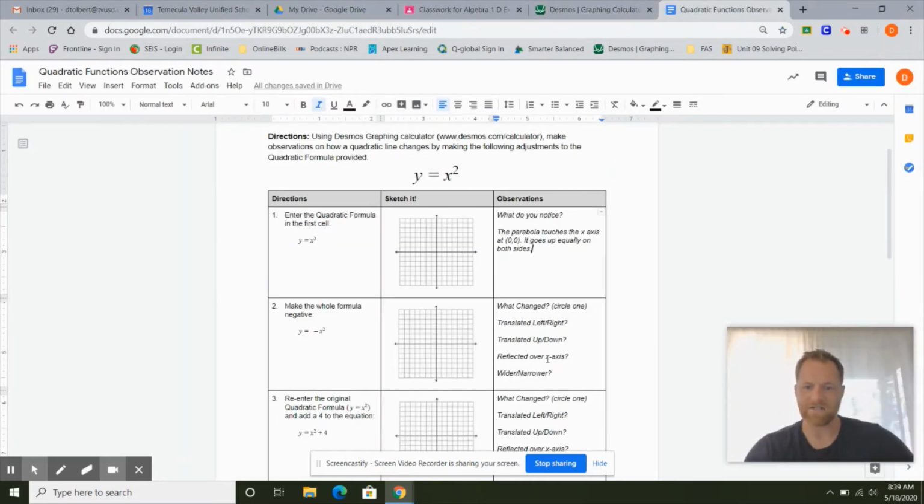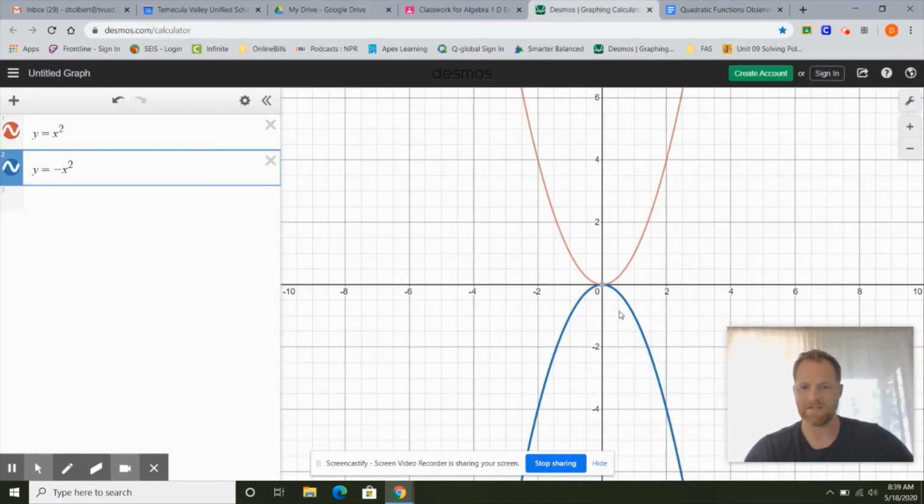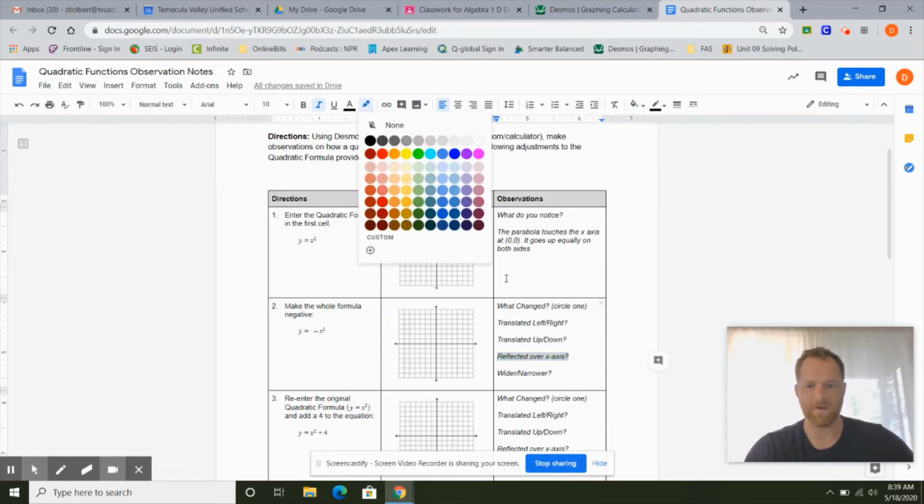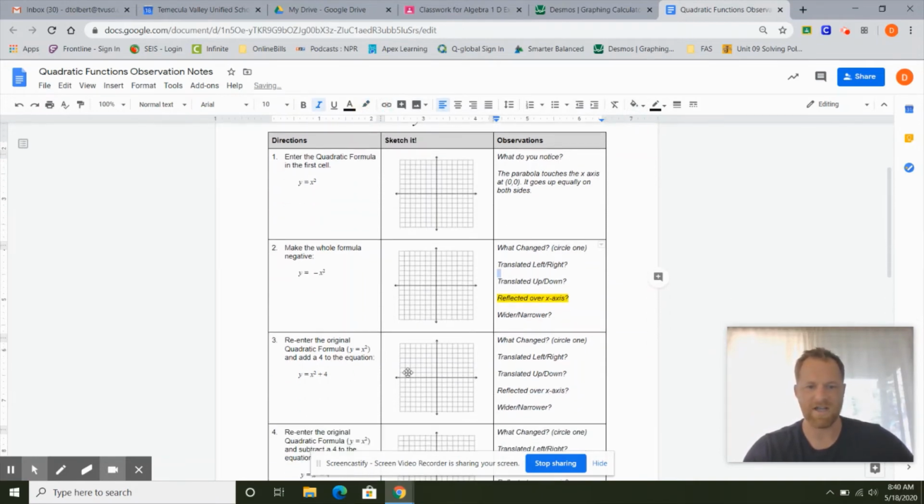Did it reflect over the x-axis? That's the one, because right here you can see this is the direct reflection of the original equation. So in this case, I'm going to highlight that, but on a piece of paper you would just circle it. And then you move on down and notice that I did x plus 4.